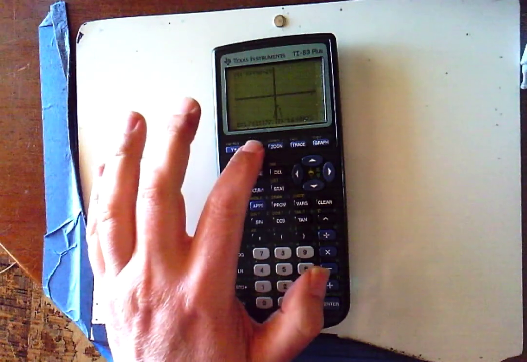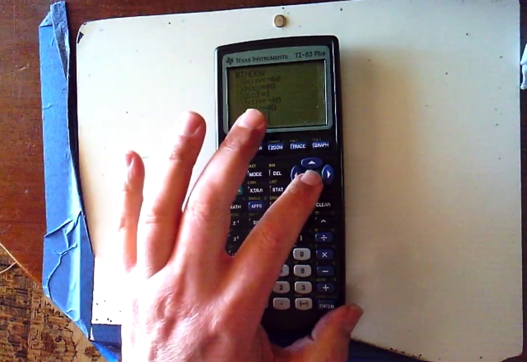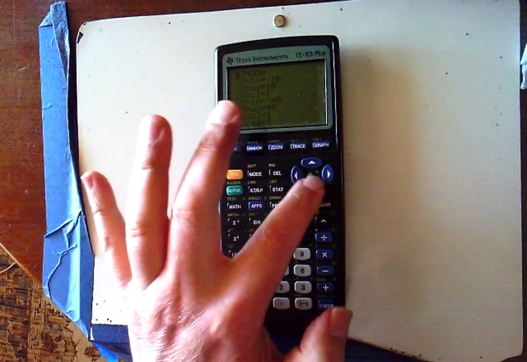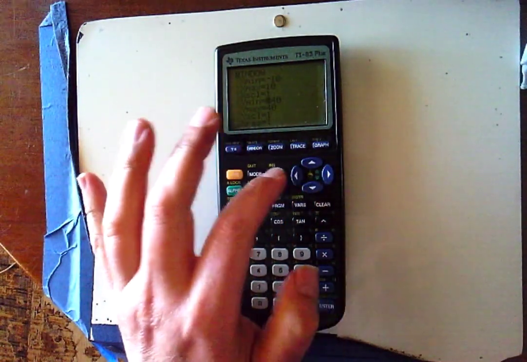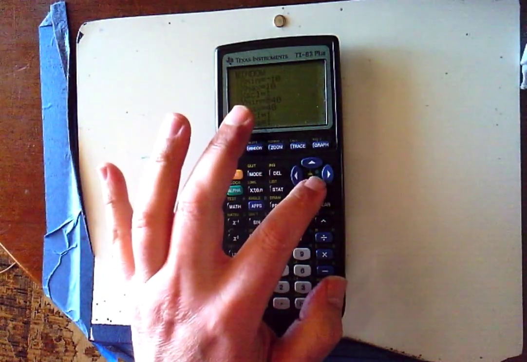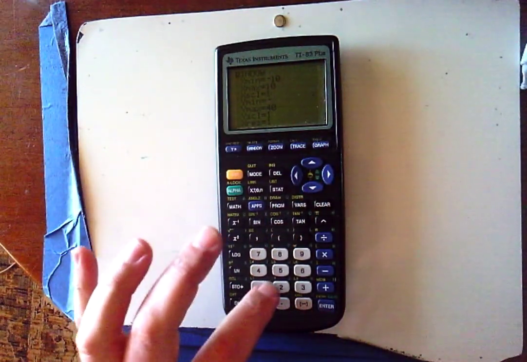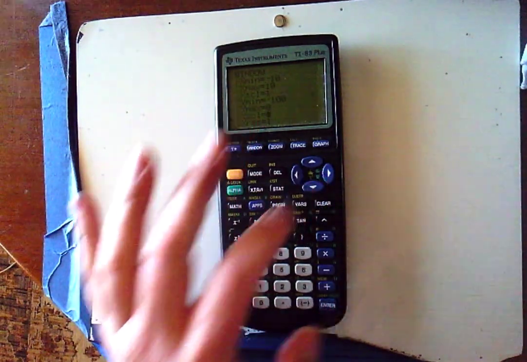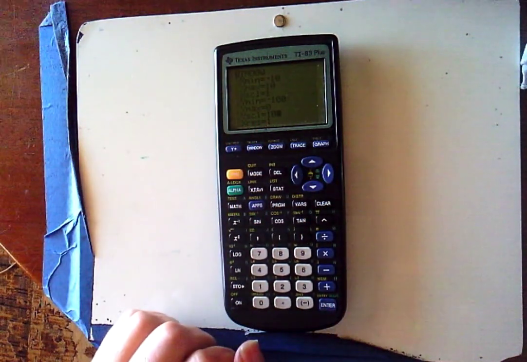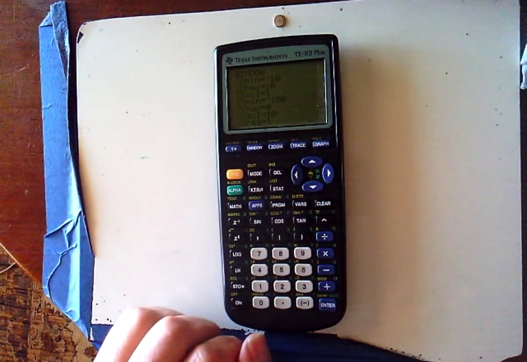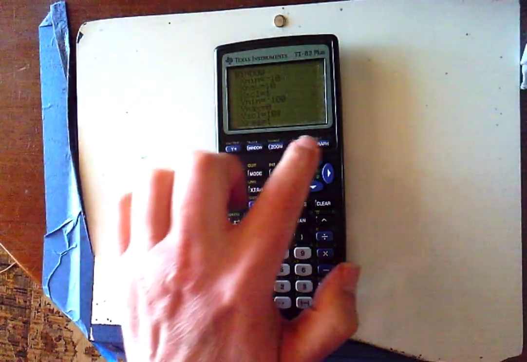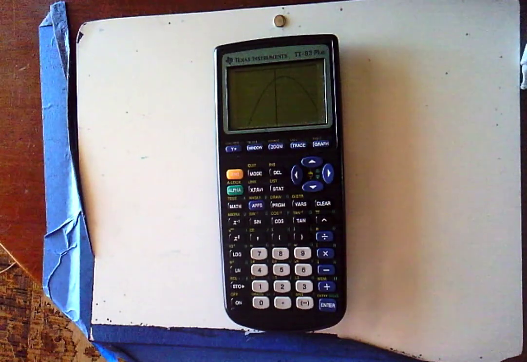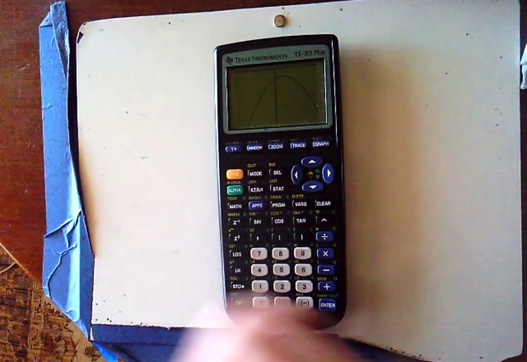So I think I'm going to change my viewing window so that I still go negative 10 to 10, but this time when I look at my y values, negative 40 is probably okay. I might want to push that further, negative 100 to 0 in steps of 10. Okay? So I'm changing my viewing window based on tracing, and now I have a really decent picture of this down-pointing parabola.